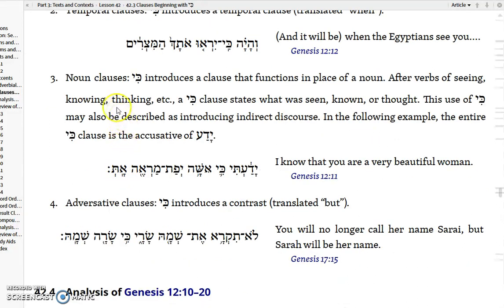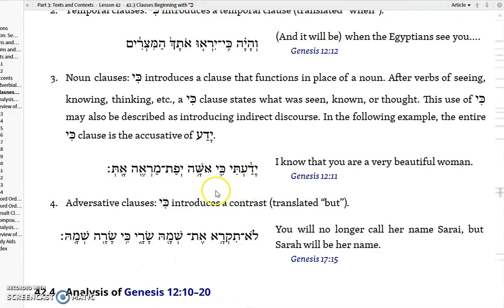A third usage of ki is when ki introduces a clause that functions in place of a noun. Especially after verbs of seeing, knowing, and thinking, a ki states what was seen or known or thought. And this use of ki may be described as introducing indirect discourse. So you have an example in Genesis 12 and verse 11.